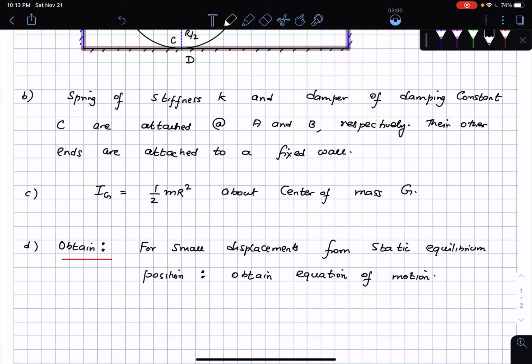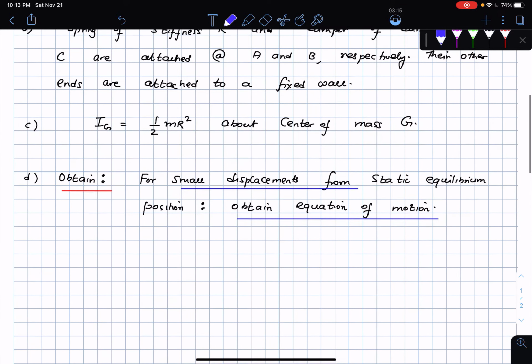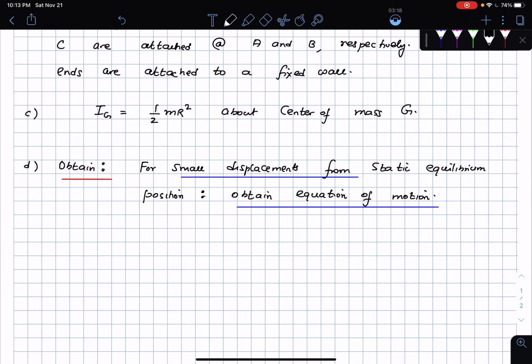The key word here is small displacements. So we're looking at incremental motion, and the aim is to obtain the equation of motion of this entire system. First things first, we will look at what the kinematics of the problem are.